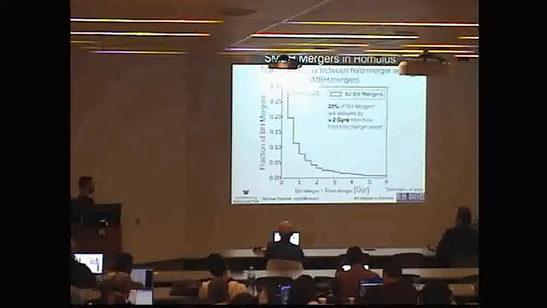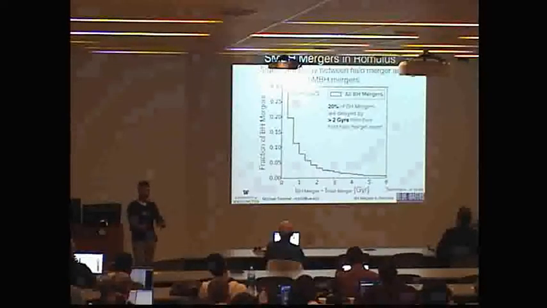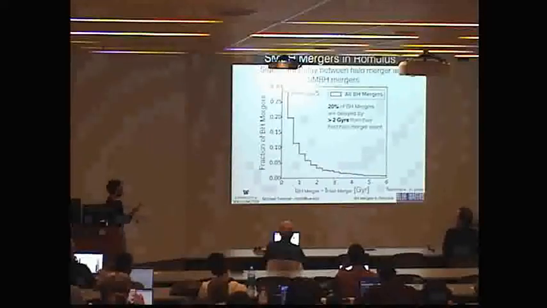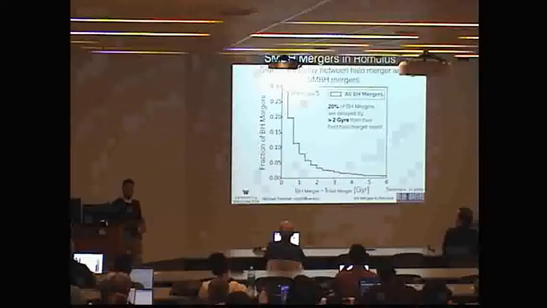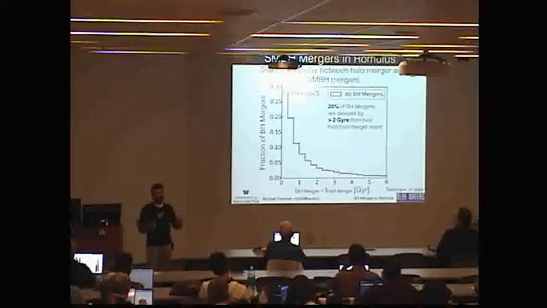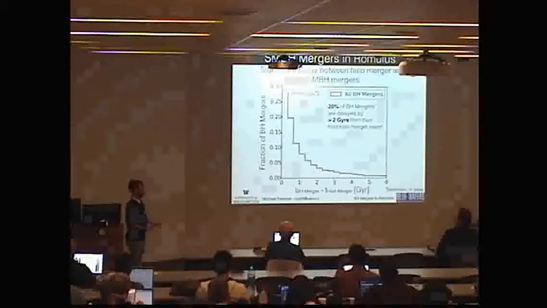This can be understood further if we trace the black holes backwards in time to look at the delay that each black hole has between merging and when their host halos originally merged together. And you see that, indeed, most black holes do merge relatively quickly, within 1 billion or 2 billion years of the original merger event that brought them together. But for 20% of those mergers, the black hole merger occurs well after the halo merger that spawned them.